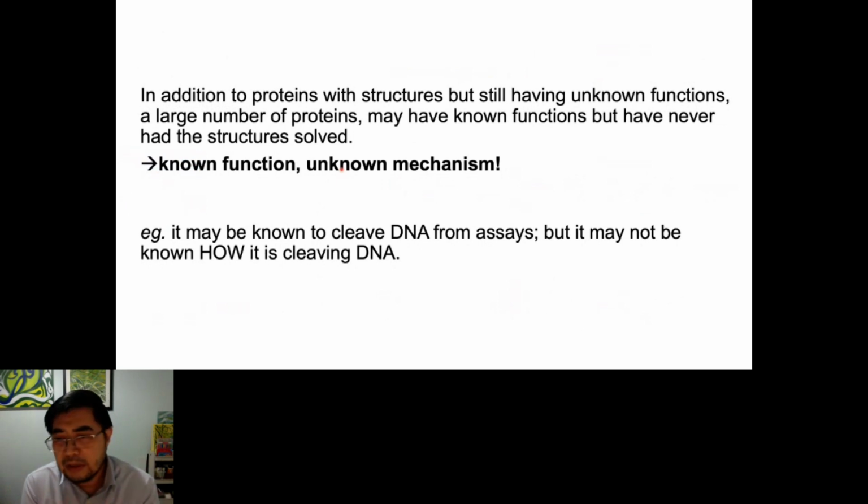So these are proteins that have known function but may have an unknown mechanism. An example of these are perhaps proteins that we know cleave DNA, for example, from assays, but we do not know how they are cleaving the DNA.